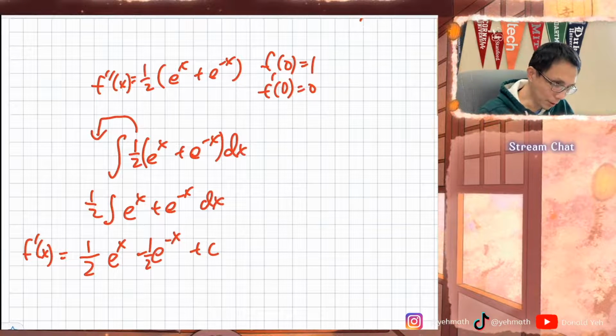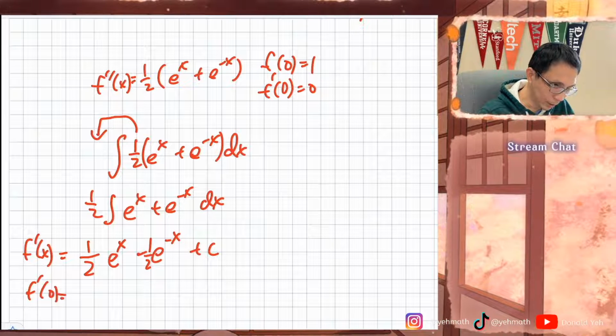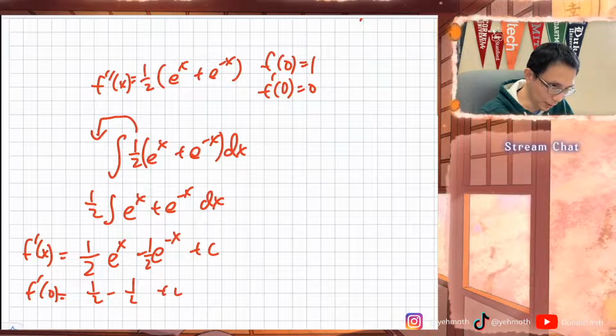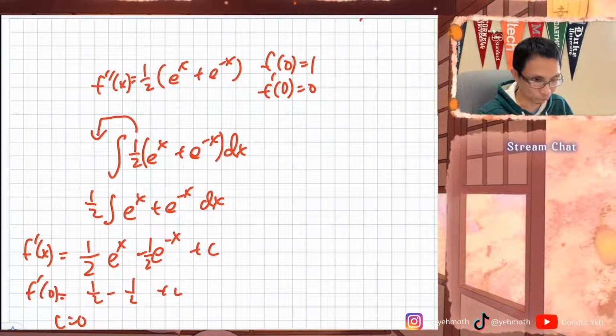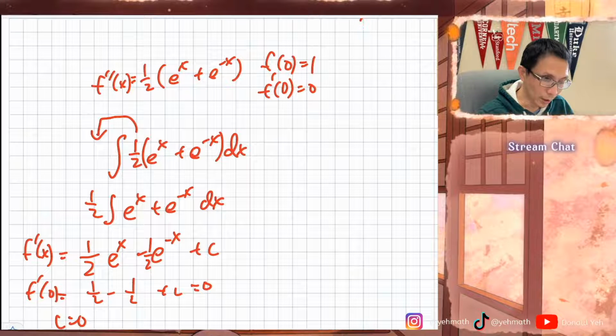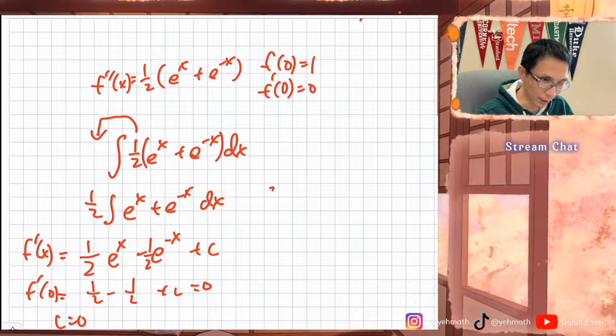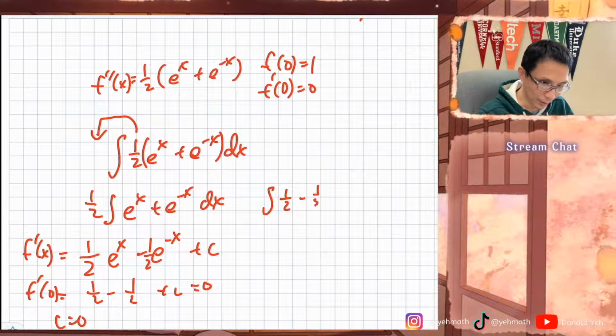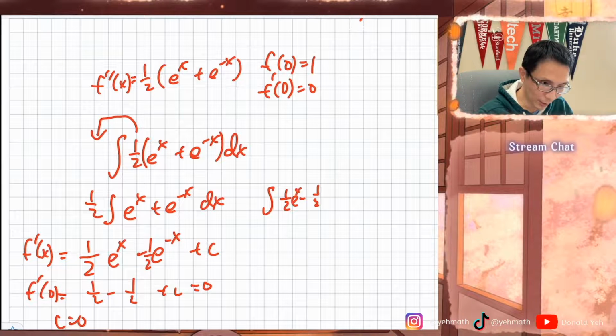Then I just plug in 0, and f prime of 0 equals 0, so it's going to be 1/2 minus 1/2 plus c. So c is equal to 0. And then you're just going to take the integral again, so that's the integral of 1/2 times e to the x minus e to the negative x dx.